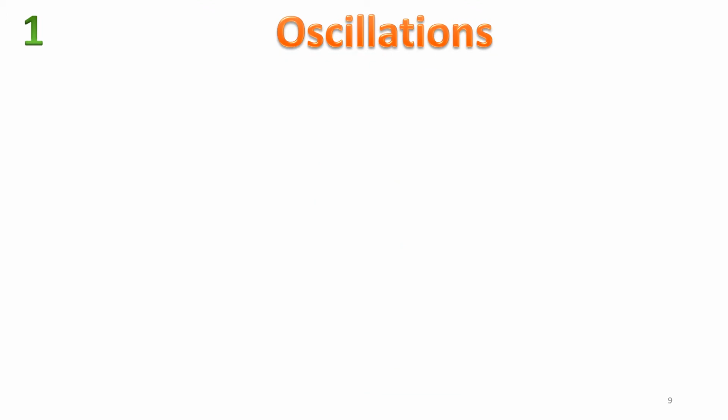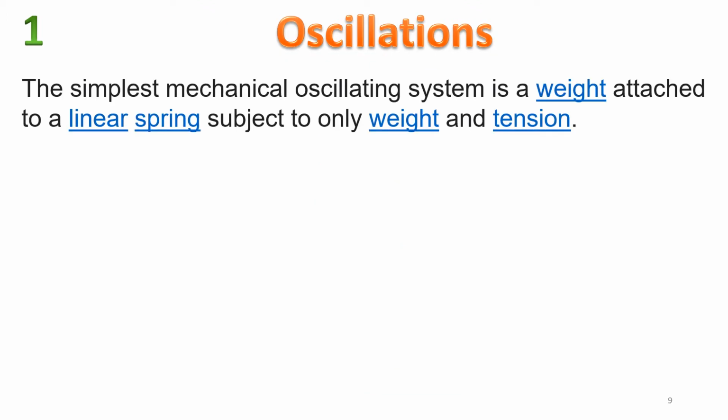Now here I want to roll through a list of points. A simple mechanical oscillating system is a weight attached to a linear spring, which I have described to you while showing the video, and it is subject to only weight and tension.